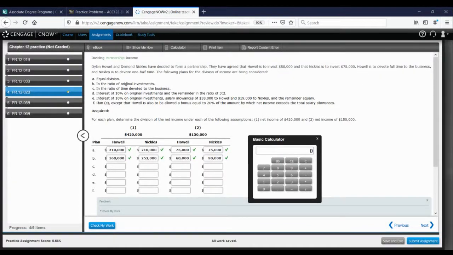So Hal would get 2/3 of the 420,000 of net income in requirement 1. So 420,000 times 2 divided by 3, Hal gets 2/3, which would be 280,000.